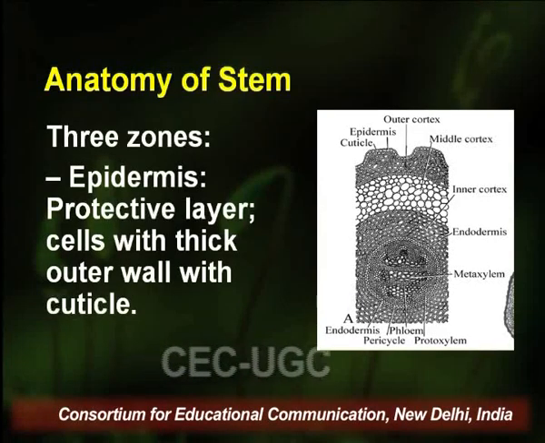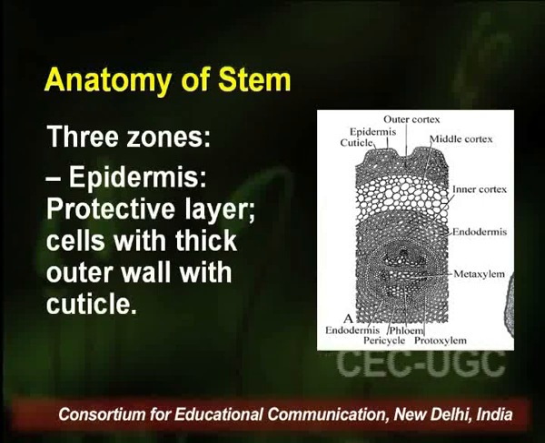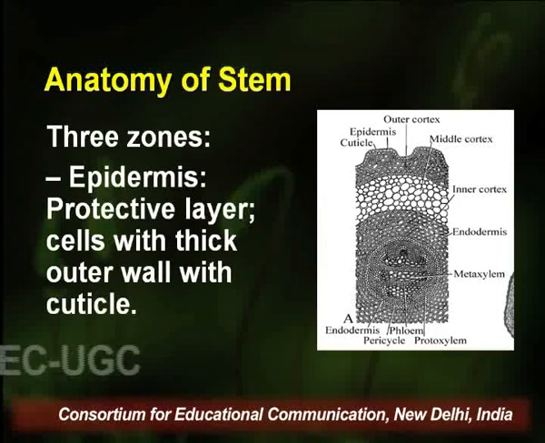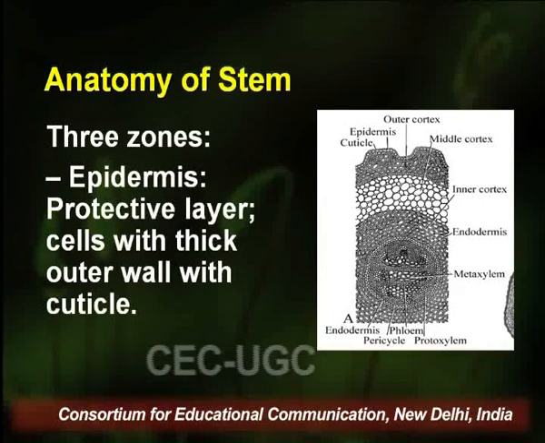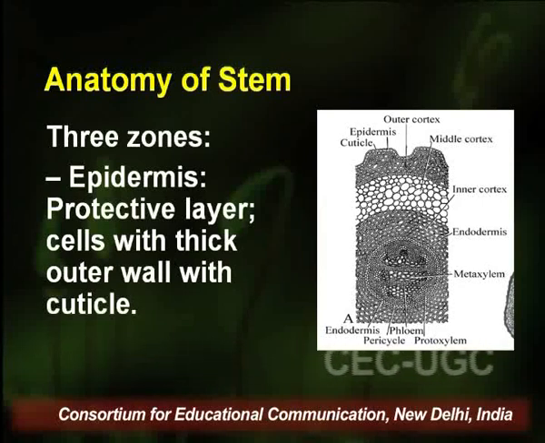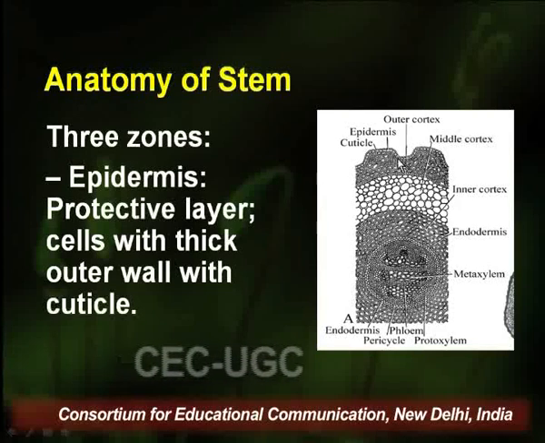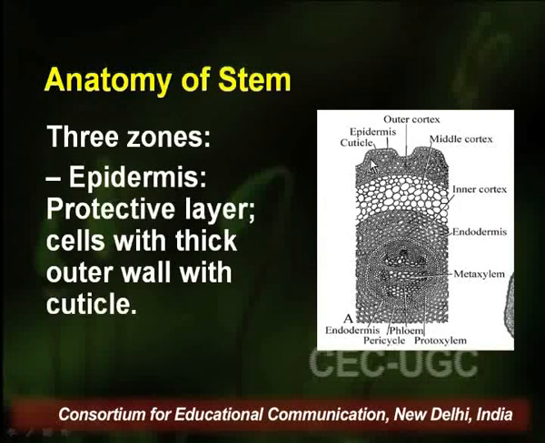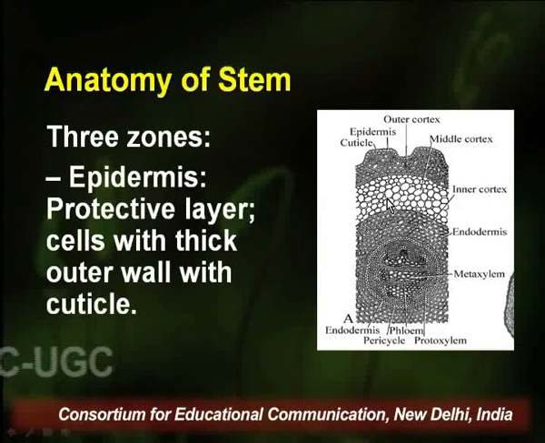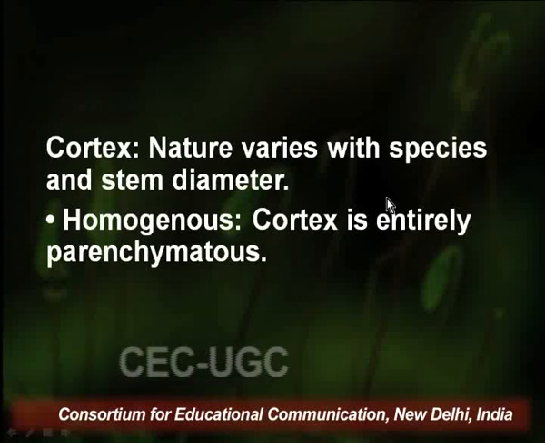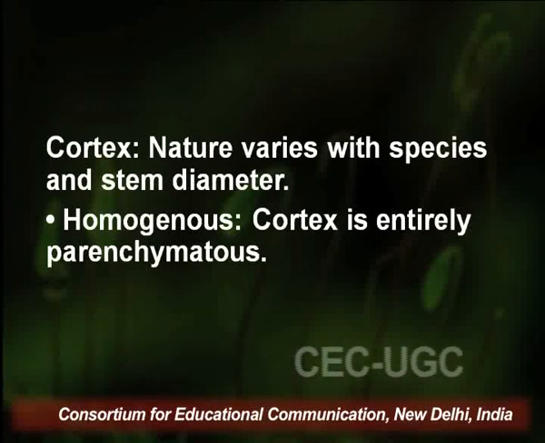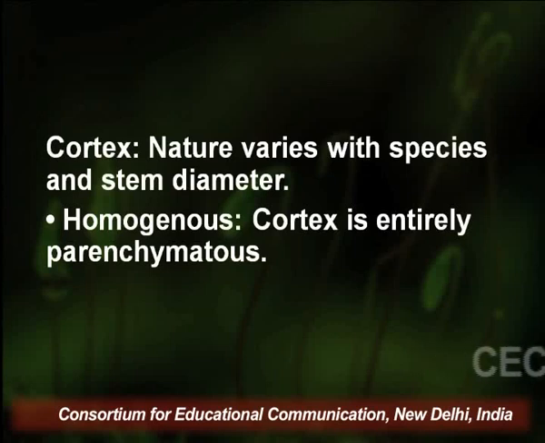As far as the anatomy of stem is concerned, it can also be distinguished into three zones. The outer protective epidermal zone is made up of thick outer wall, and it has a waxy coating called cuticle. Inside the epidermis lies cortex. Cortex has different anatomy in different species.